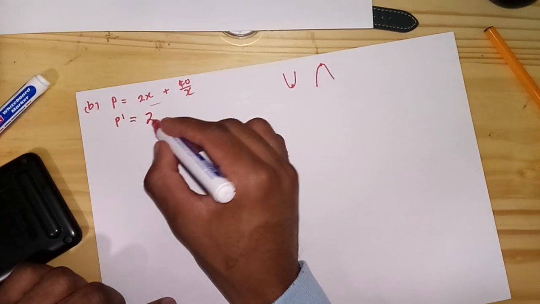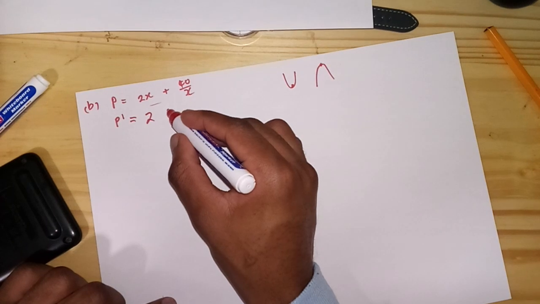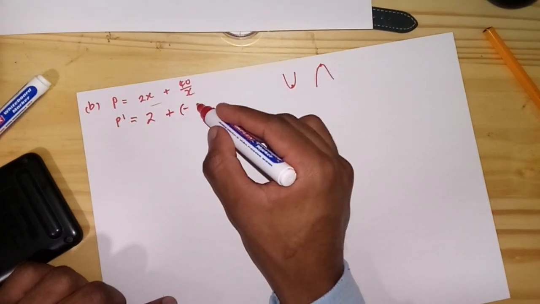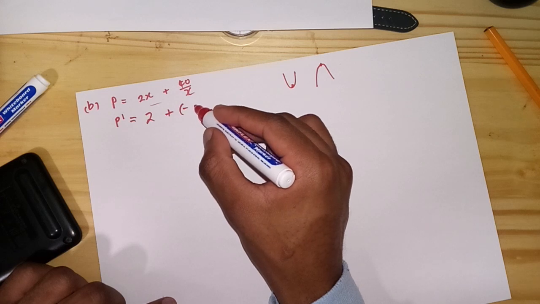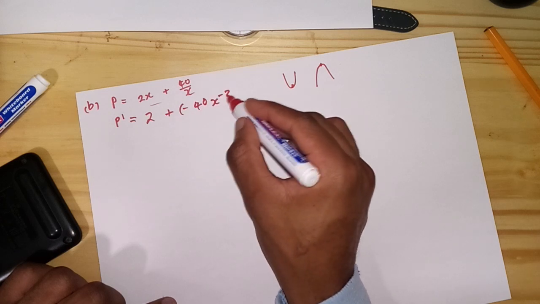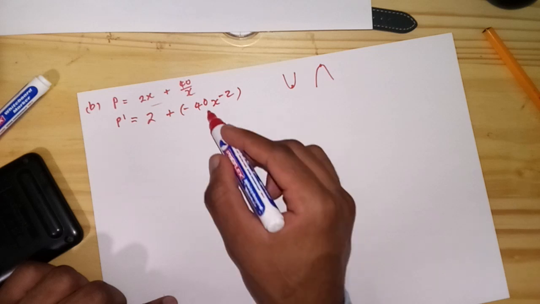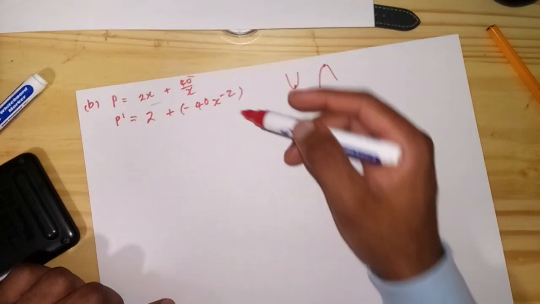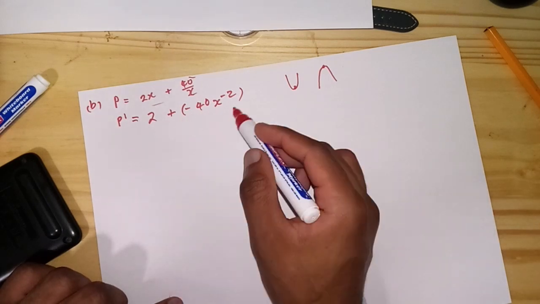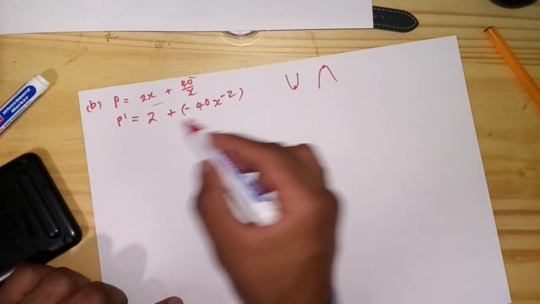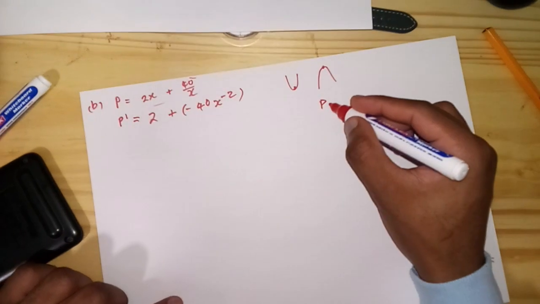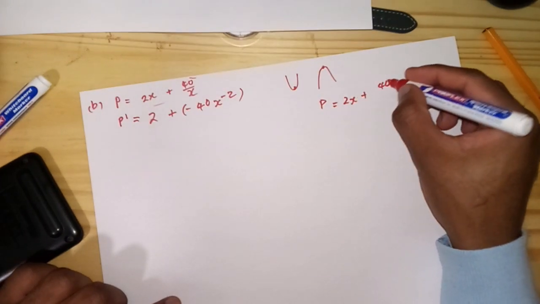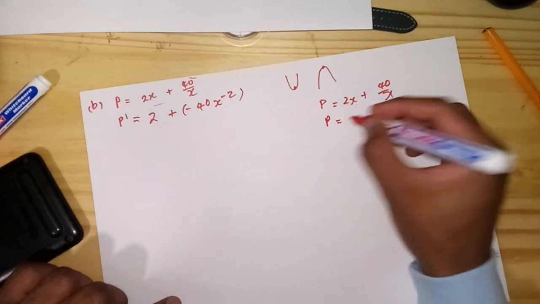So we're going to do this. You get your 2 over there, and then you're going to be getting minus 40x to the power minus 2. Now, let me tell you what I don't advise and what I do advise. When you have an expression such as this, what I don't advise is you jumping straight into doing this. This is correct, but I don't want you to jump straight into this. What I want you to do is say p is equal to 2x plus 40 over x, write it out like that, and then simplify it.